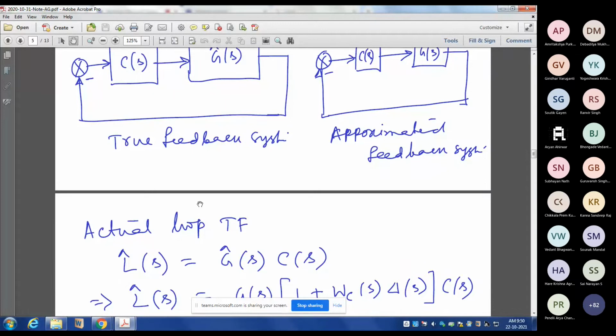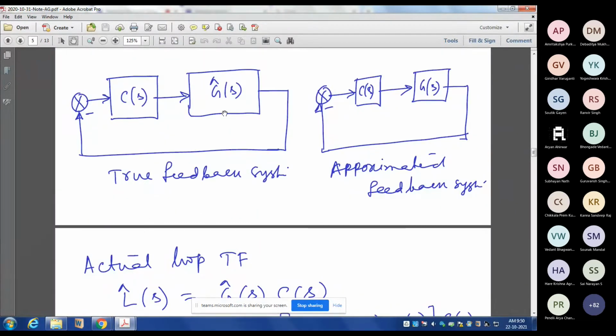So here, what is your actual loop transfer function? The actual loop transfer function is your L hat(s), because this is your actual system. Loop means open loop transfer function G hat(s) into C(s).